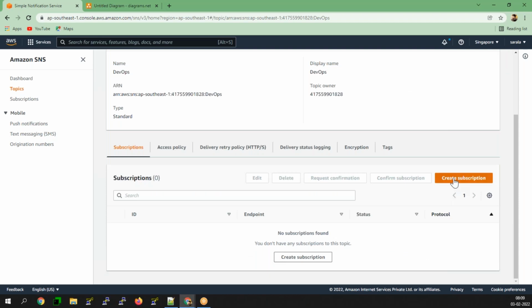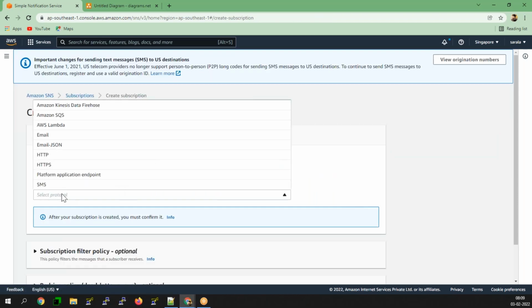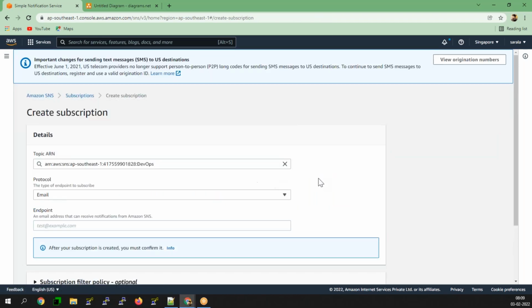Now create a subscription here, and the protocol is email. Now you are going to enable the respective email address.